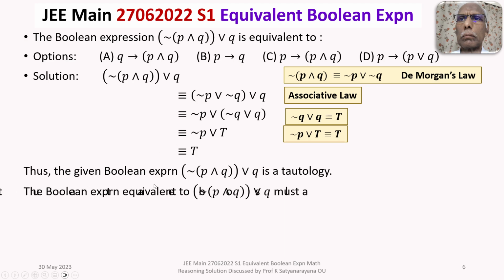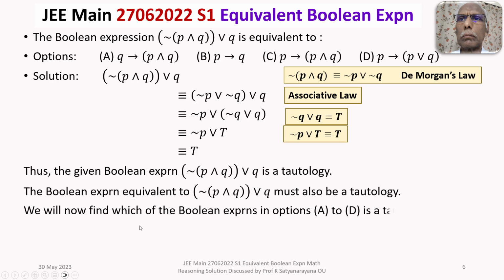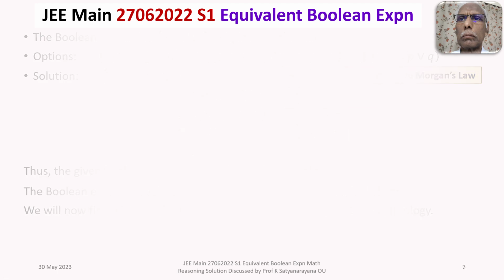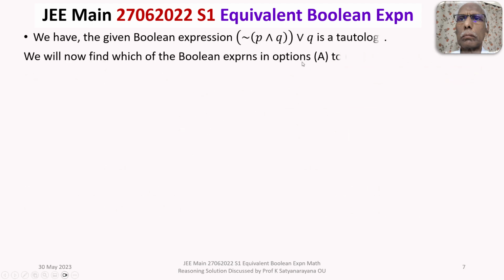The Boolean expression equivalent to the given one must also be a tautology. We will now find which of the Boolean expressions given in options A to D is a tautology. That we discuss in the next slide. So that's what we have done so far.